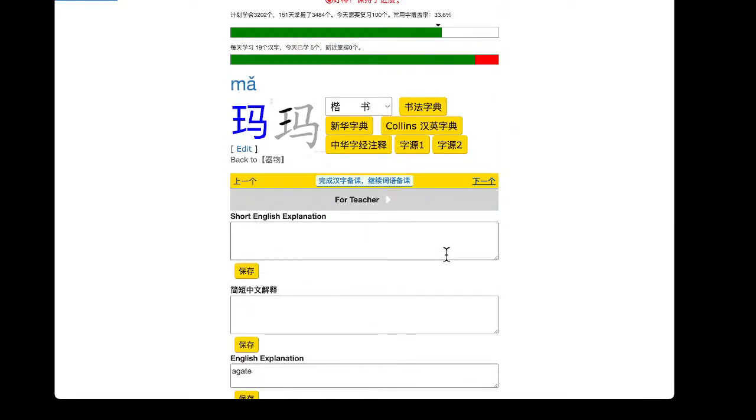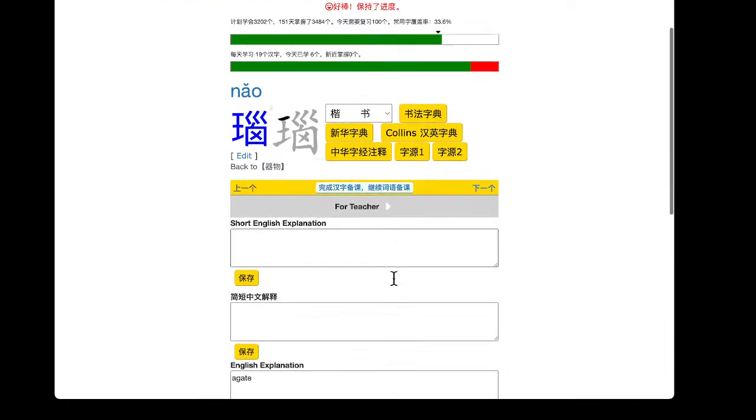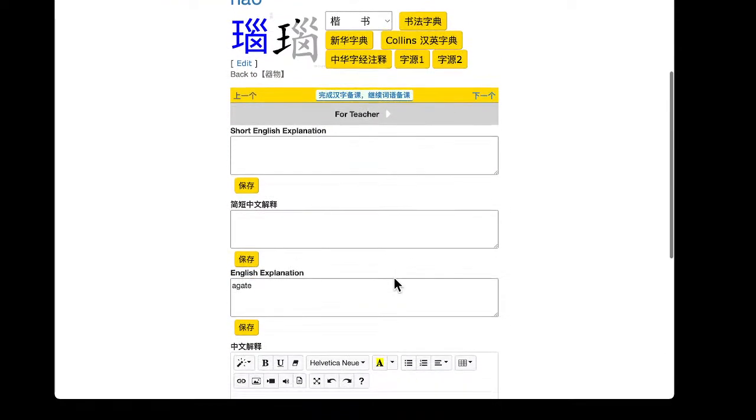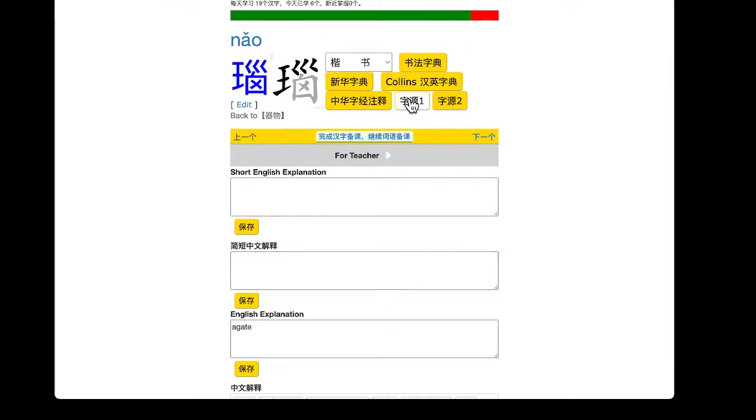Next one, 脑, 玛瑙, 脑. Let's take a look at the character itself. 脑 means brain.